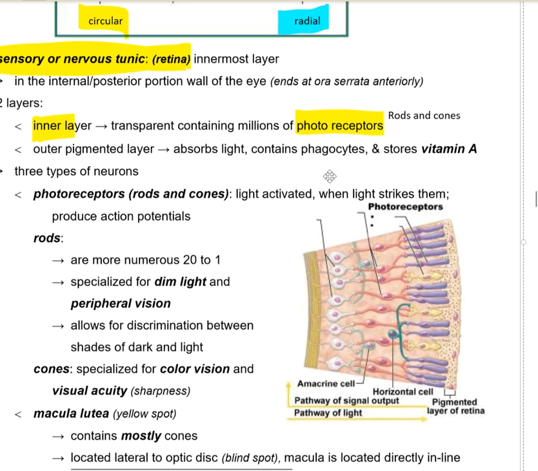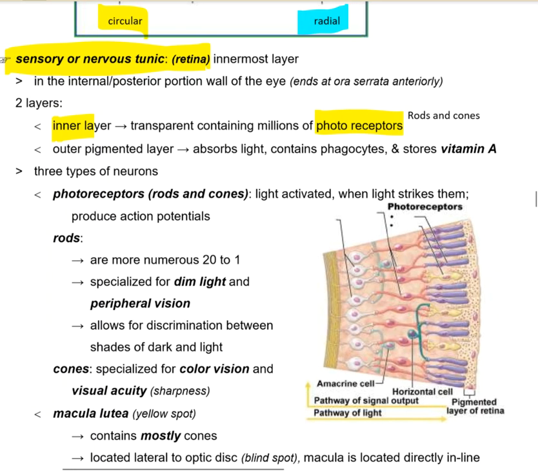And then there's an outer, more pigmented layer. This absorbs light. It contains phagocytes to help fight off infection. And it stores vitamin A. And vitamin A will become important in a minute. So here's the outer pigmented layer right there. You can see that written down below. And then this is the more transparent, clear layer here.